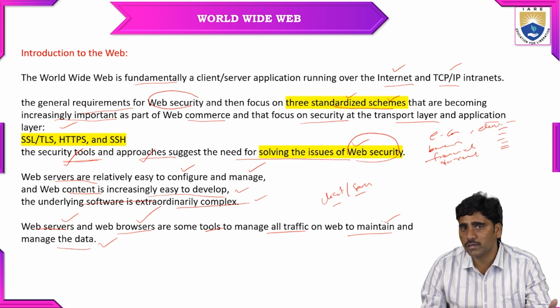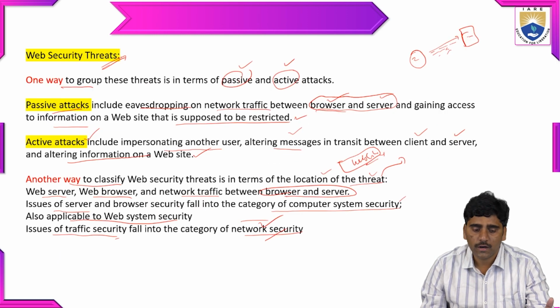Web security threats are divided into passive attacks as well as active attacks. Passive attacks involve some sort of data leakage problems, but active attacks involve impersonating the behavior on particular data.